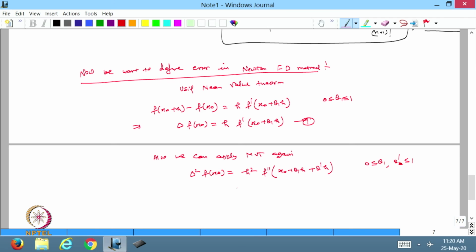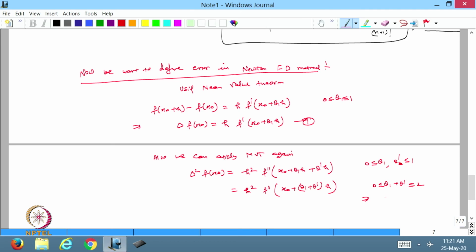Now, from here I can write this as h square f double dash x naught plus theta 1 plus theta dash h. So, I know that theta 1 plus theta dash will be between 0 and 2.